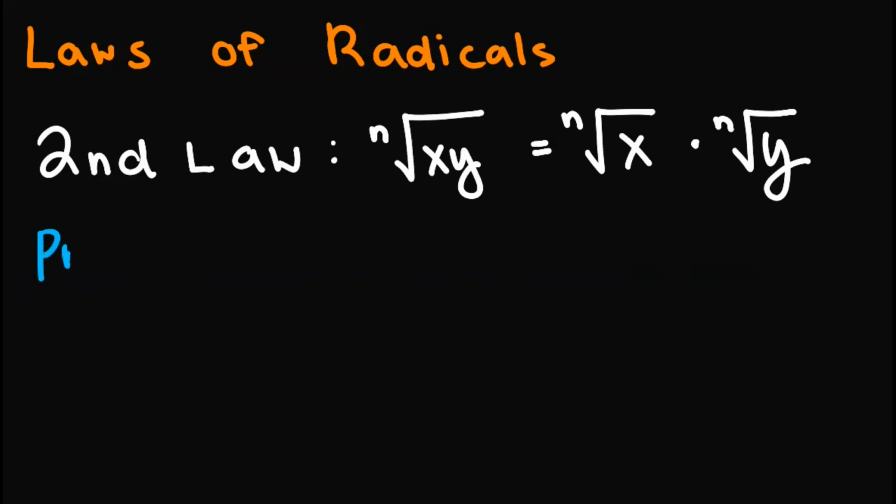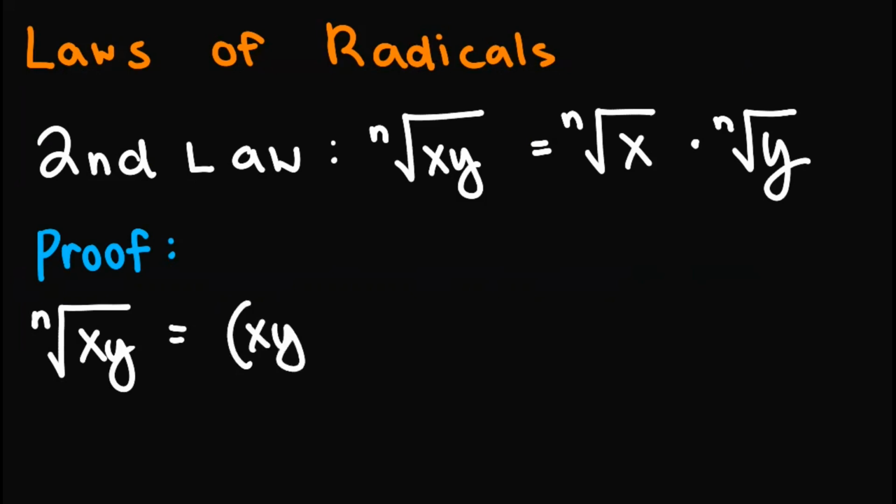As a proof, first we have nth root of xy. By definition, this one is equal to xy raised to 1 over n. Oops. The 1 over n should be outside the parentheses. Then from here, by laws of exponents, this one is equal to x raised to 1 over n times y raised to 1 over n.